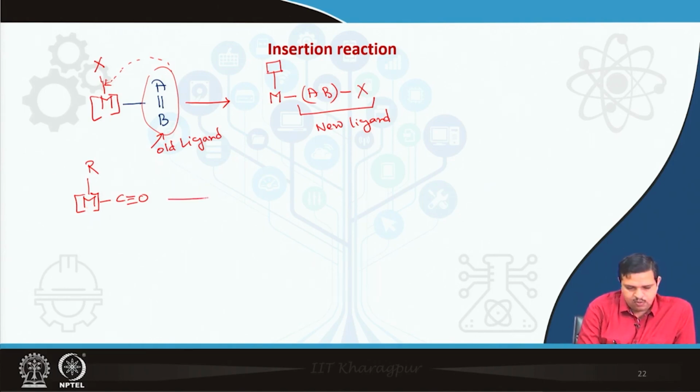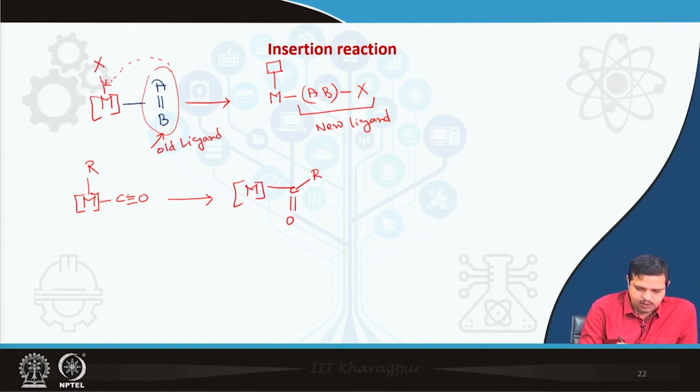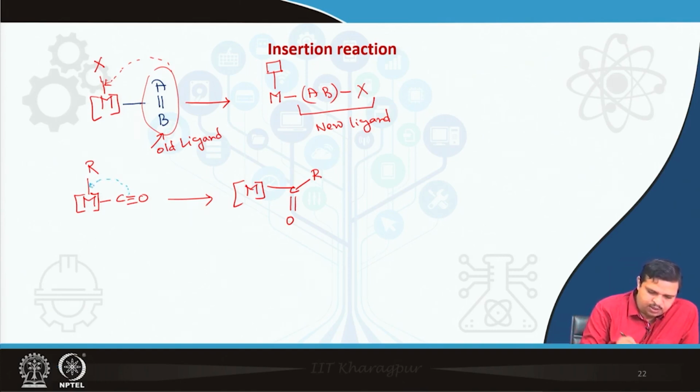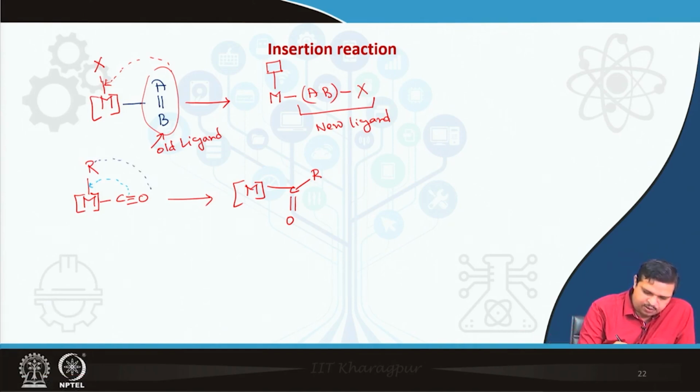Now you will get this, sorry, this should be R. Here you will see that the carbon monoxide is inserted here, and also you can look at it in a different way, that this R has migrated here.